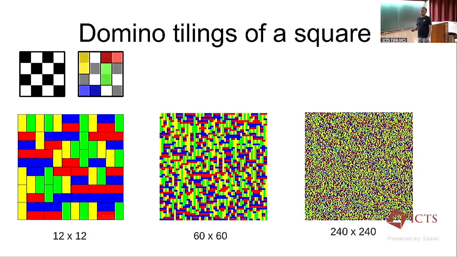In the case of a square, there is nothing really interesting about it. As one increases the size of the board, one goes to some sort of noisy picture, which some remember from when television was analog and late at night or just not working.